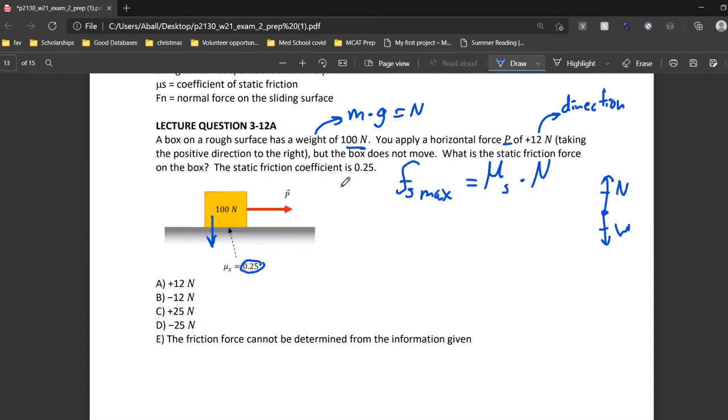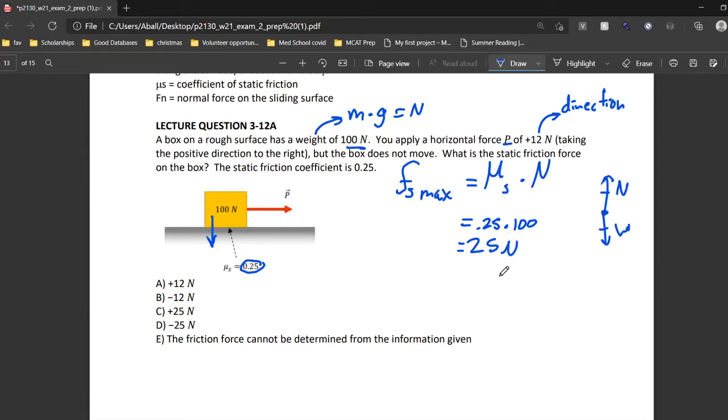So first, already on your equation sheet, you should see this equation that I wrote out here. Fs max is equal to the static frictional coefficient times the normal force. And this helps us to calculate the maximum amount of force before an object begins to start moving. So if we just plug in the values given in this equation, we see that 0.25 times 100 equals 25 newtons.